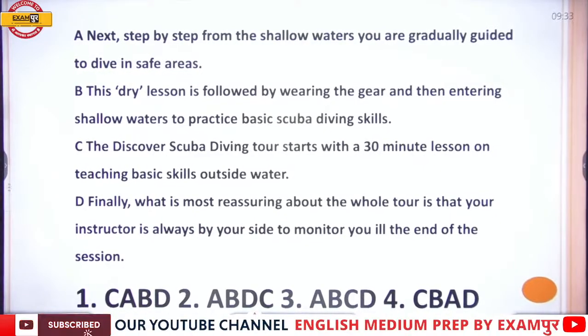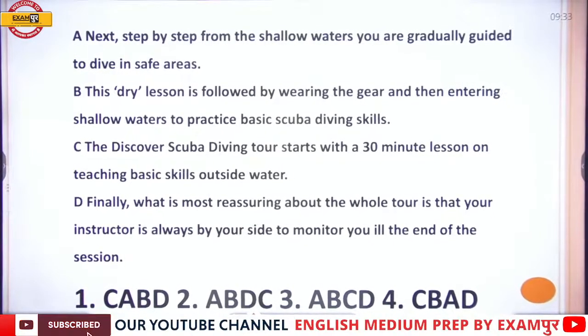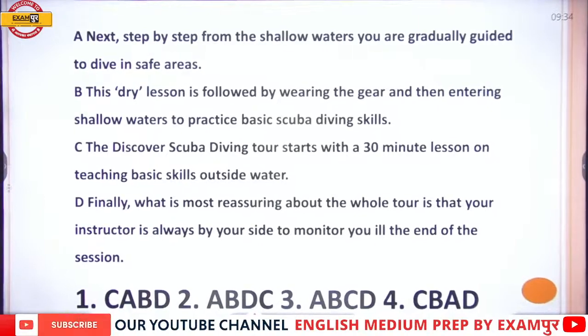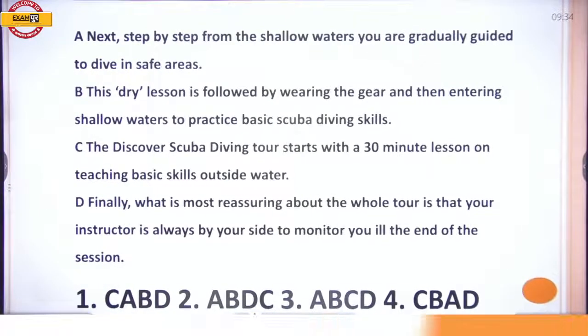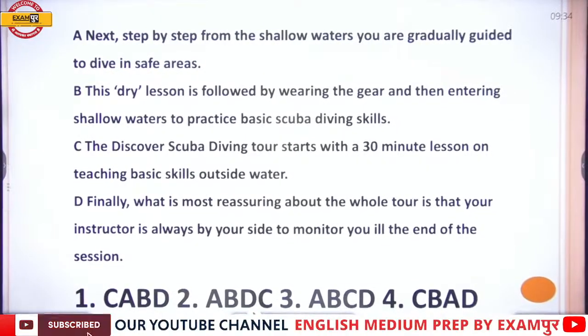Find the first sentence of the paragraph.